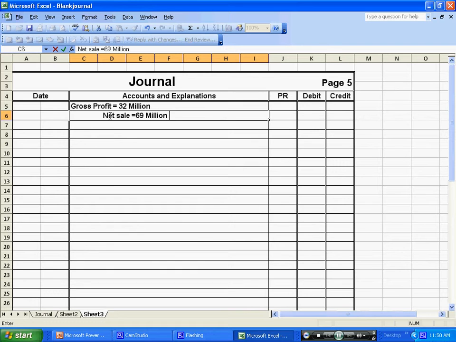Inventory turnover. Cost of goods sold from Part A, $33 million, divided by our average inventory. Our average inventory was $4 million last year, plus $3 million at the end of this year, divided by 2. So $33 million divided by 3.5 means that their inventory turned over 9.4 times.